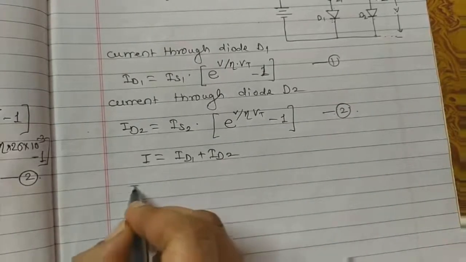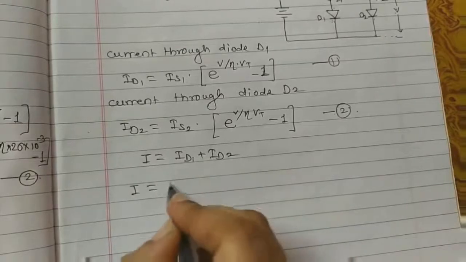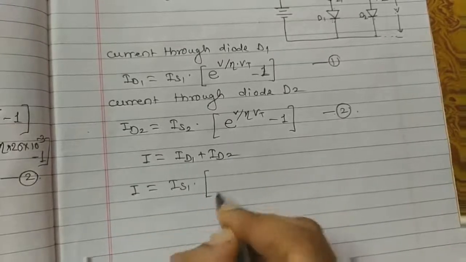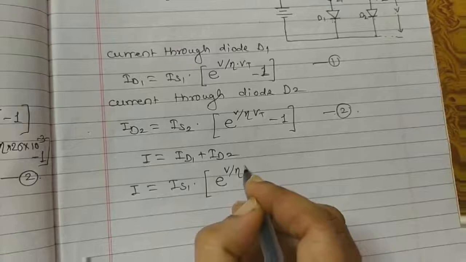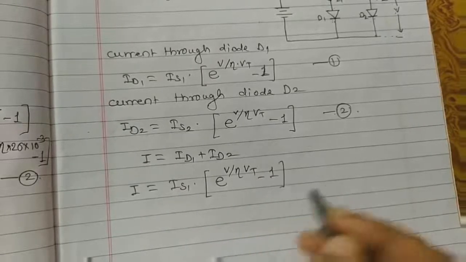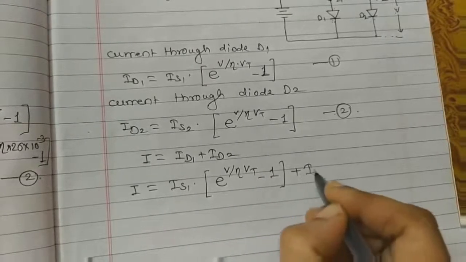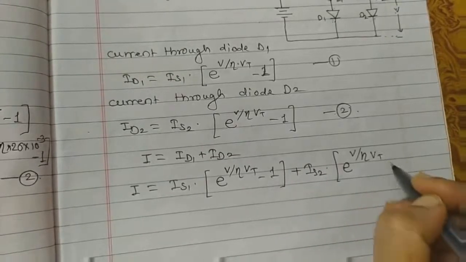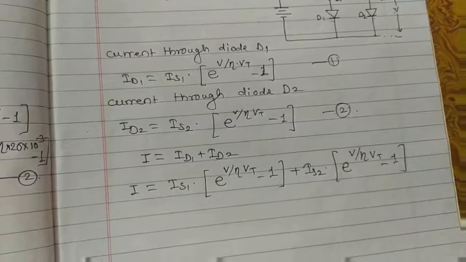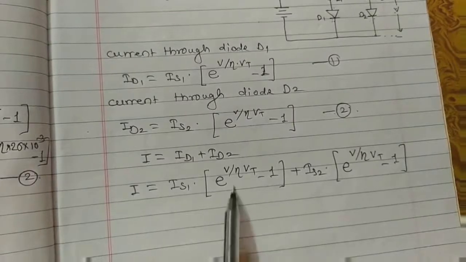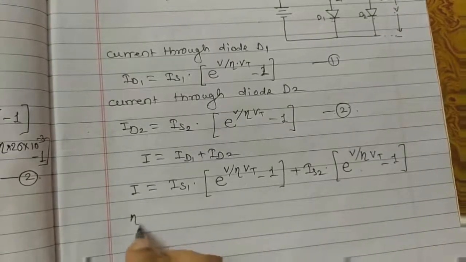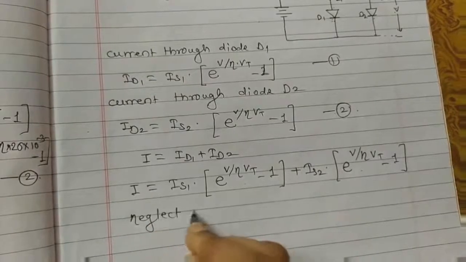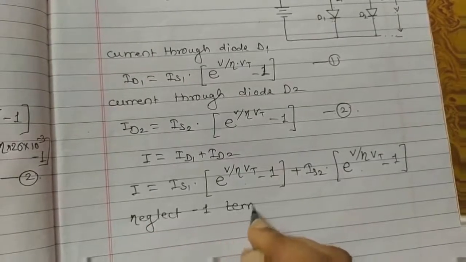So total current of the circuit I is equal to IS1 into e raised to V upon eta Vt minus 1, plus IS2 into e raised to V upon eta Vt minus 1. So here in this equation we'll neglect the minus 1 term.